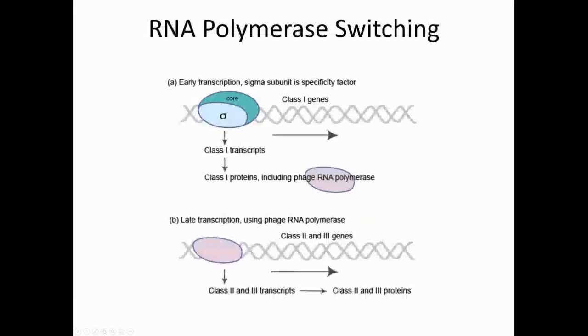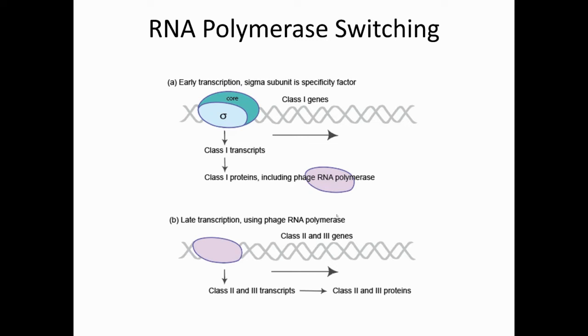That's one strategy. The other one is RNA polymerase switching. This happens, for example, in phage T7, okay? Phage T7 has 3 phases of transcription. They have class 1 for early genes, and then class 2 and 3 will be the late phase, all right?